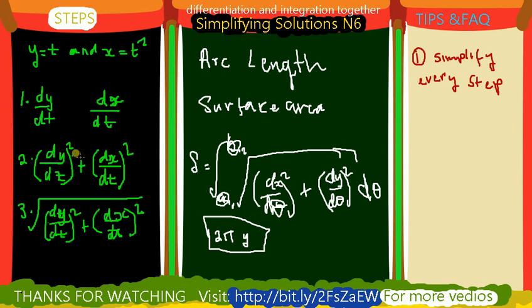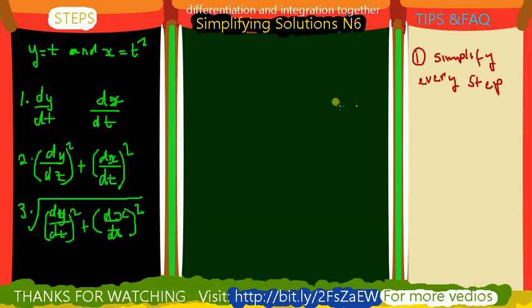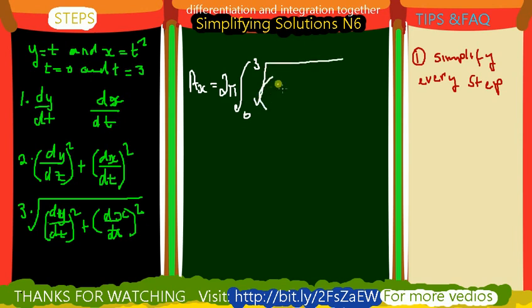Similar to the arc length, you will be doing this. So the difference here, let's say it's rotated about the x-axis, so your limit, maybe they say t equals 0, t equals 3.